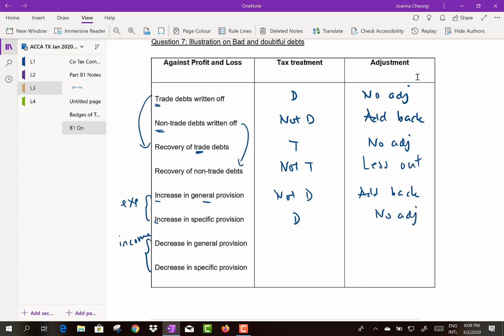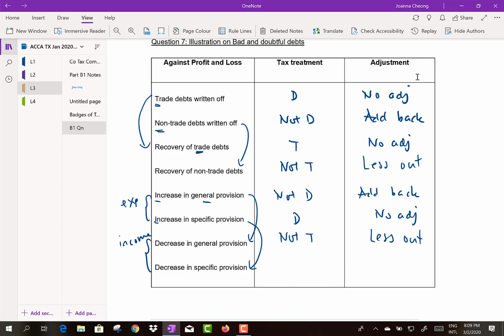Now then reversal of provision, decrease of provision, taxable or not? Decrease in general provision will not be taxable, so less out. It is quite similar to the one on top, right?